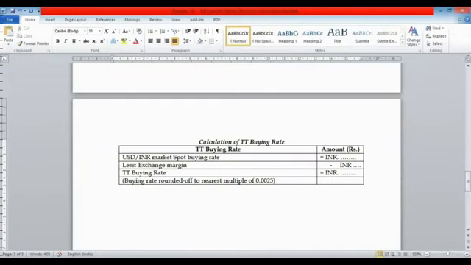Forward margin will always be there in bills, not in TT. So this is the format that we have to follow.